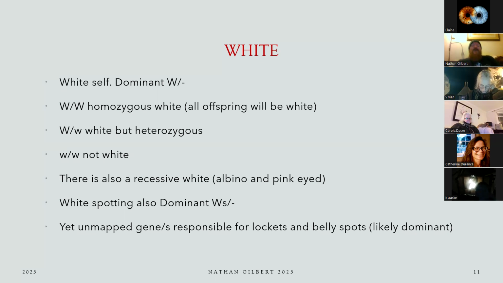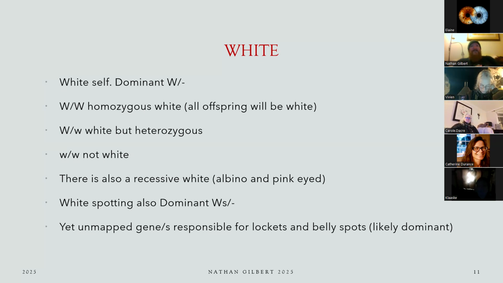So that is not this white spotting gene. That is another gene, and they typically get the spot on the chest, and that's why we call it a locket, but it can be further down. It can be more on the underside of the cat. They can have more than one.